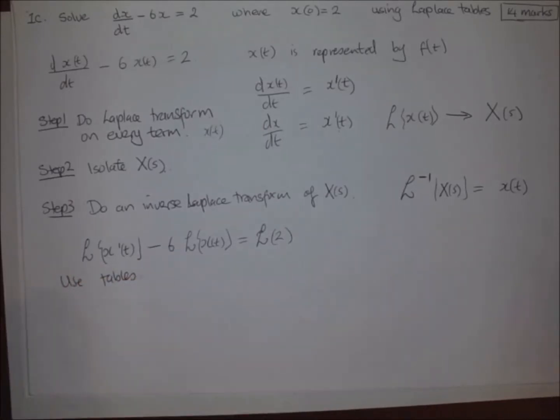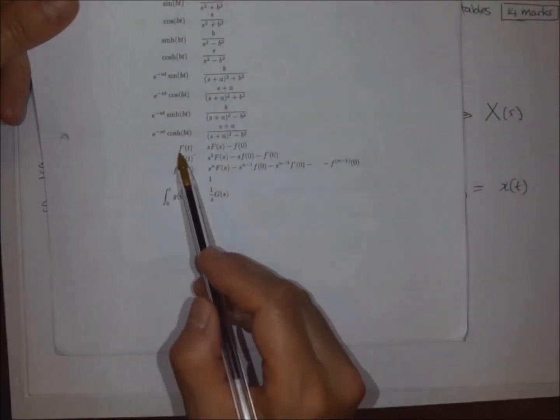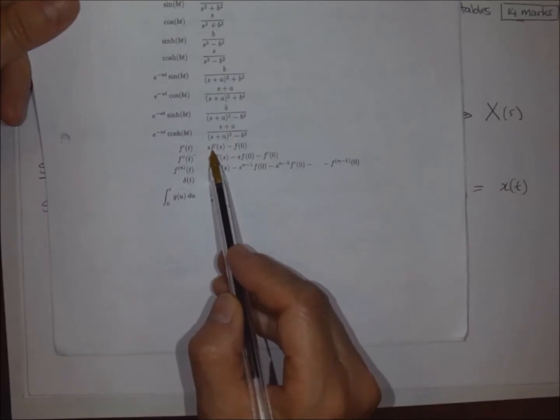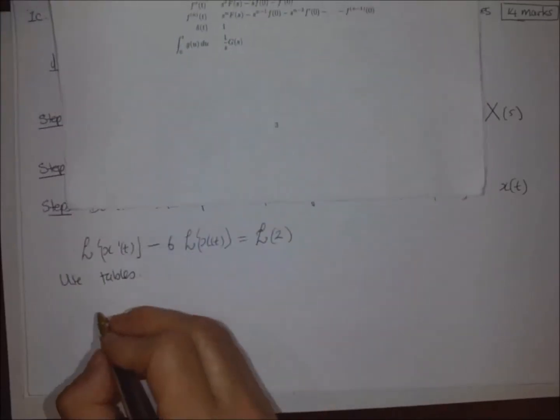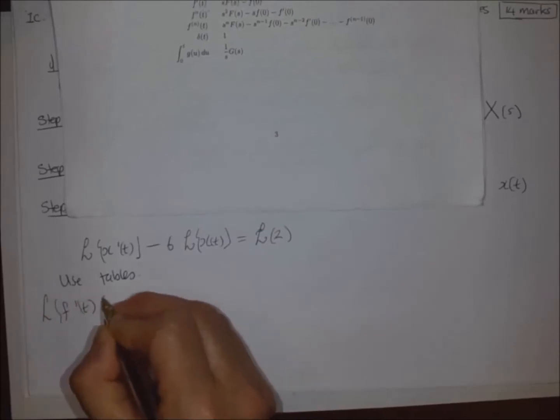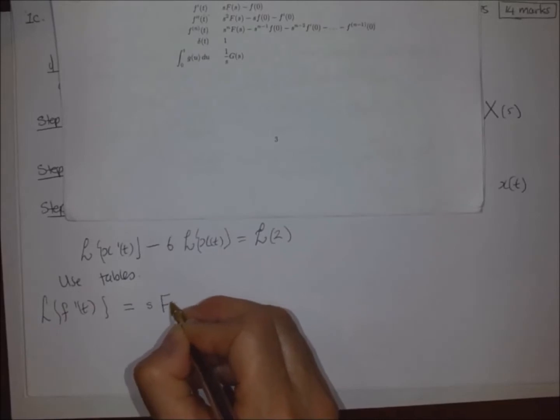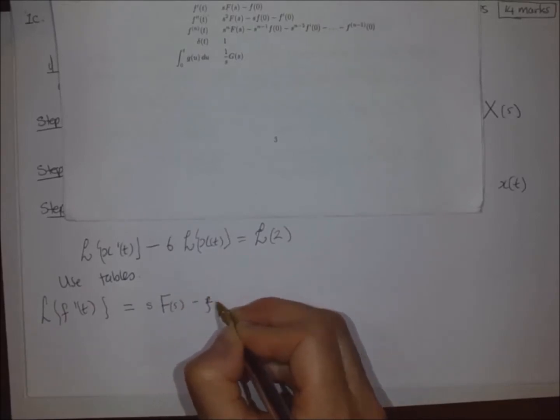According to the tables, the Laplace transform on f dash t is this. I'll write that down. So in the tables we have f dash t, we do a Laplace transform on it, and we will get little s, capital F of s, minus little f of 0.